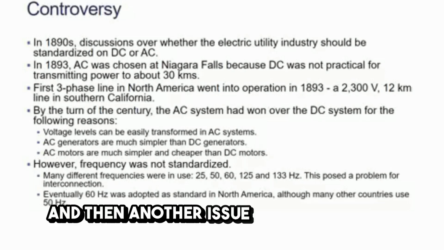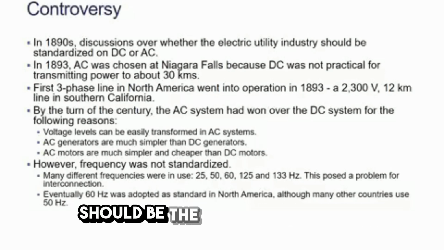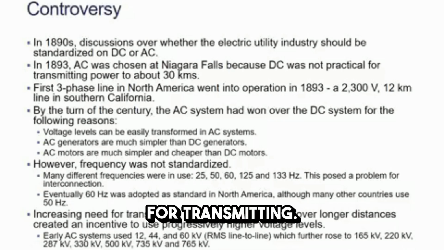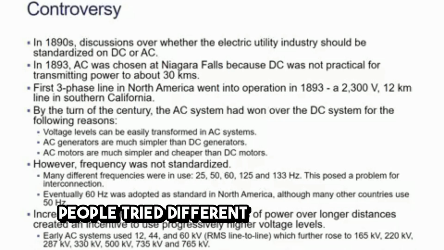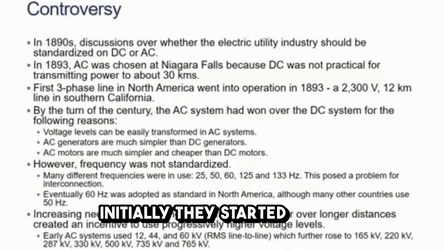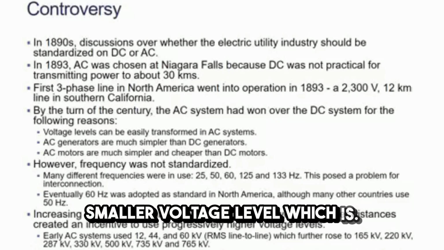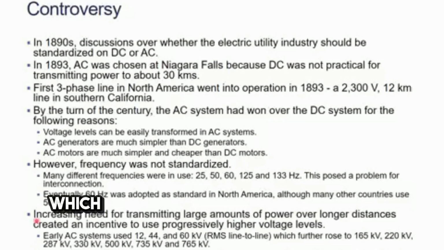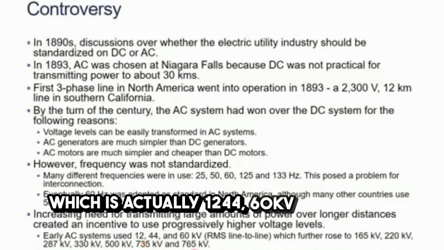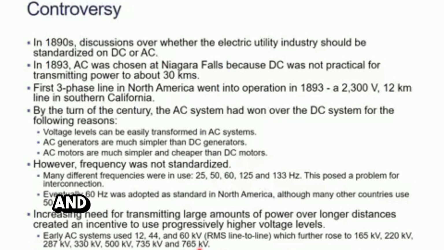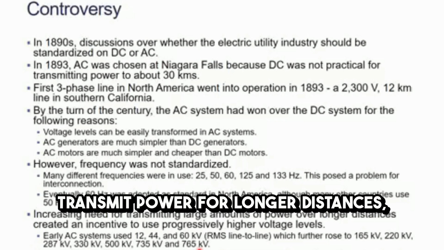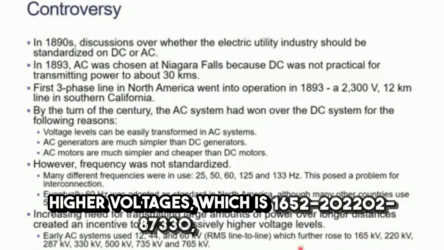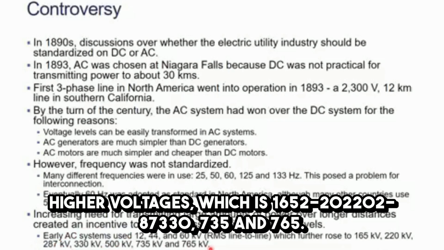And then another issue arises: what should be the voltage level for transmitting. For this also, people tried different voltage levels. Initially, they started with smaller voltage levels, which were 12, 44, 60 kV RMS line to line. And then, because obviously they wanted to transmit power over longer distances, they went for higher voltages, which are 165, 220, 287, 330, 735 and 765.